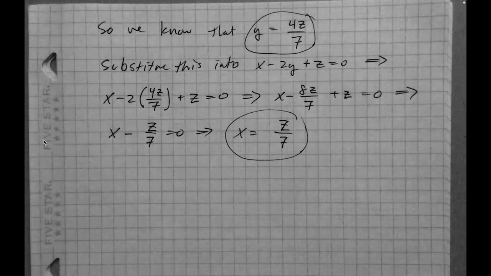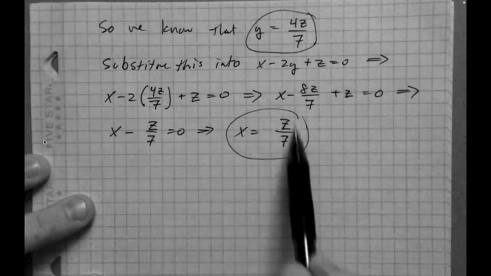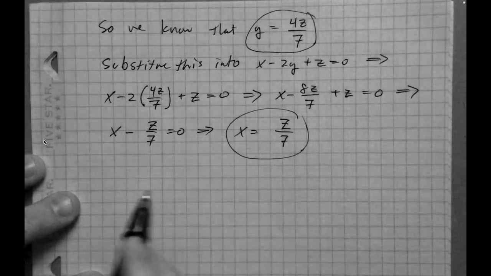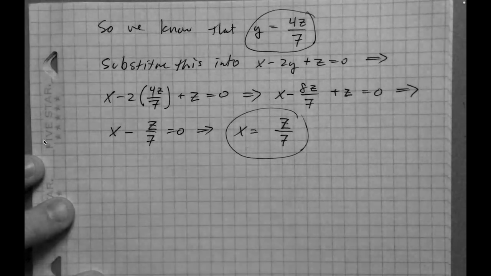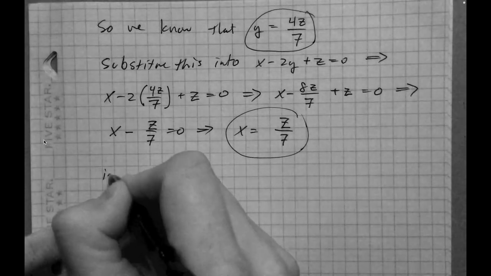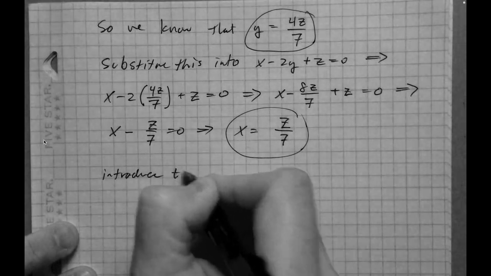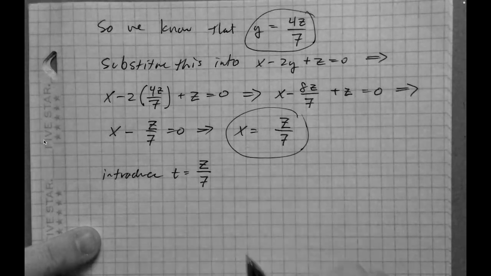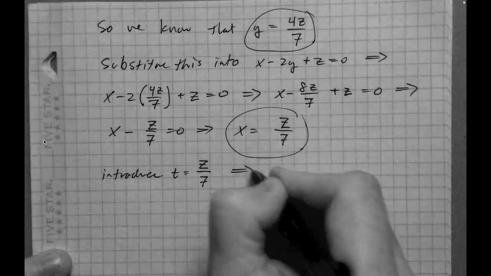Okay, and so basically I can come in here at this point and say let's introduce a variable t. And we'll let t equal z over 7. Okay, and what does that give me?